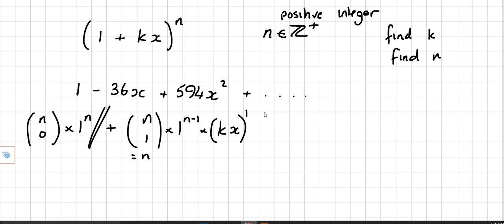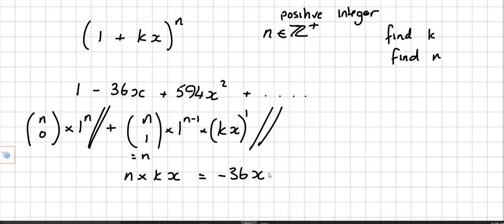Now, if I consider that term, this then becomes n times kx, and that equals minus 36x.